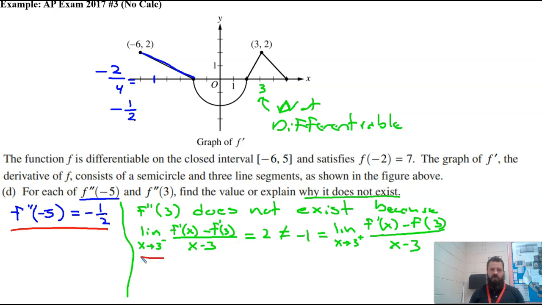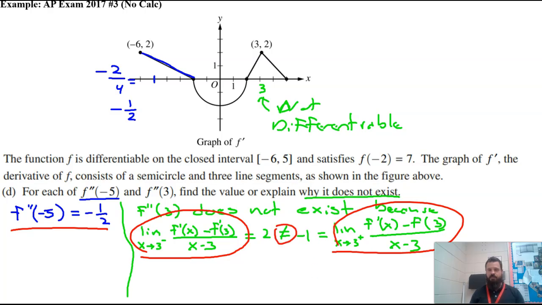So in other words, our derivatives coming from the left and the right side here are not equal to each other.